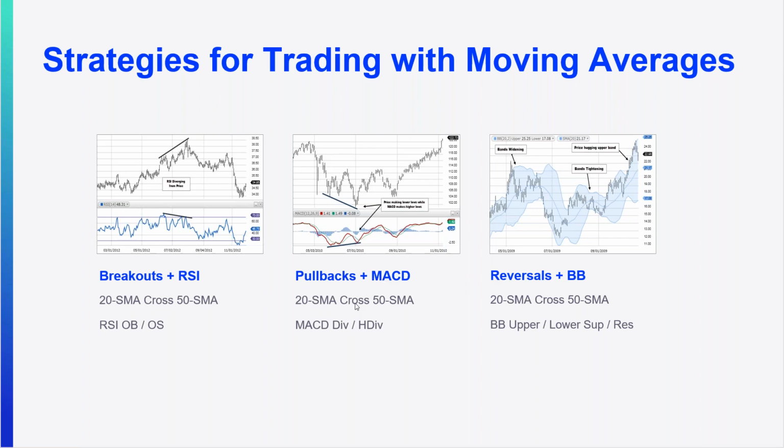Again, the 20 SMA should always cross the 50 SMA above or below, and we're looking for MACD divergence or hidden divergence as well. And when we're looking at the Bollinger Bands, we're looking for reversals as well as continuations. The 20 SMA again should cross above the 50 or be above the 50 or below. We're looking at the Bollinger Bands, the upper and the lower, as support and resistance.